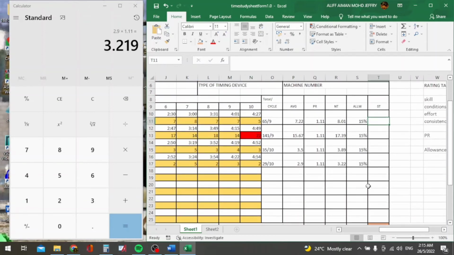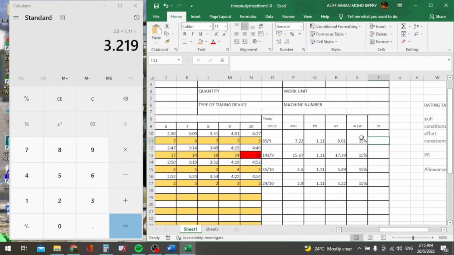So 1 plus 15% gives 1.15. We multiply by the normal time to get the standard time. The normal time 8.01, we get 9.21 for the first element.